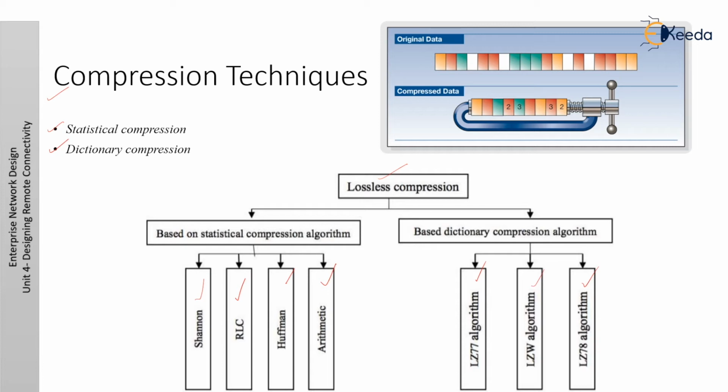What is statistical compression and dictionary compression? The basic function of data compression is to reduce the size of the frame of data to be transmitted over a network link. Data compression algorithms use two types of encoding technique. Actually, these are the encoding techniques, because we compress the data, therefore it is known as encoding.